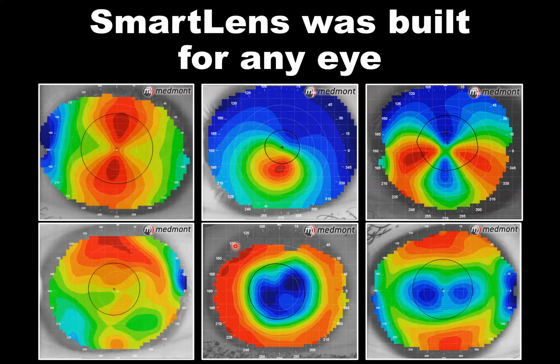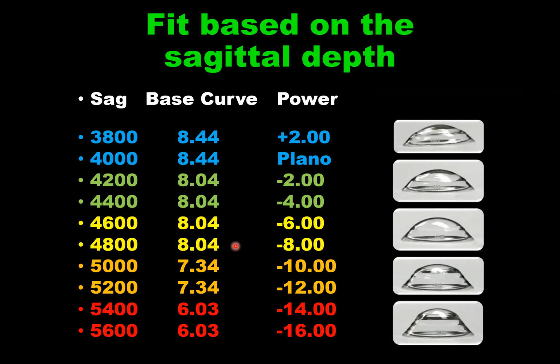Now, one thing that you'll notice that's kind of unique about the smart lens is the use of sagittal depth to create the varied heights that we need, but associated with similar base curves. So what I'm getting at is it's very common for your smart lens to use similar base curves even in a wide range of sagittal depths.